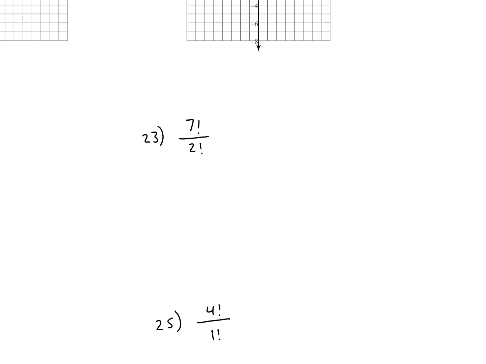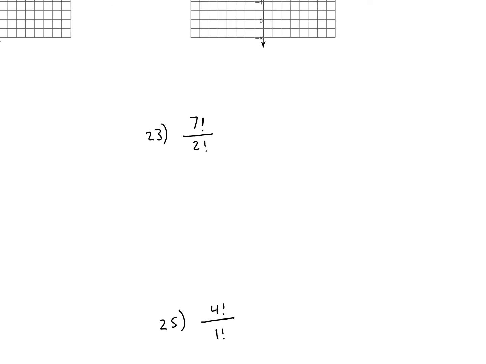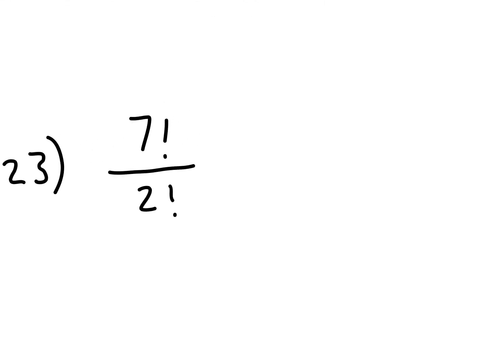Next, we have our factorial questions. For these types of questions, you can use your calculator, but I need to see your work. So on your test, make sure you show your work. Factorials, so if we see that 7 with the exclamation point, that means it's 7 times every number that comes before it.